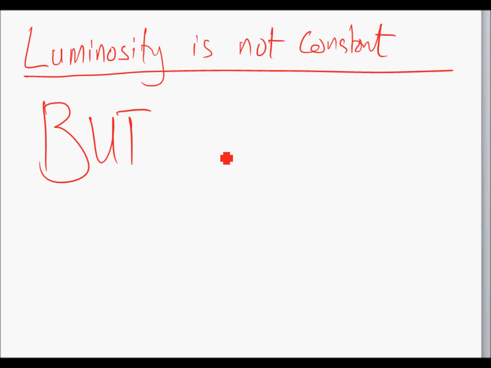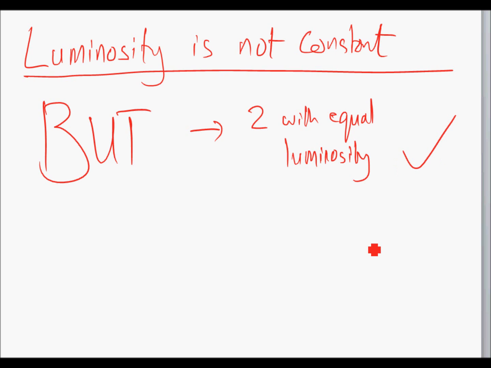But if you do find two stars that you know have the same luminosity, then it can be used. So two stars with equal luminosity, this is a good method. And it has been used to good effect, because there are certain stars where you can tell absolutely what their luminosity is, and then you can employ this method of brightness.